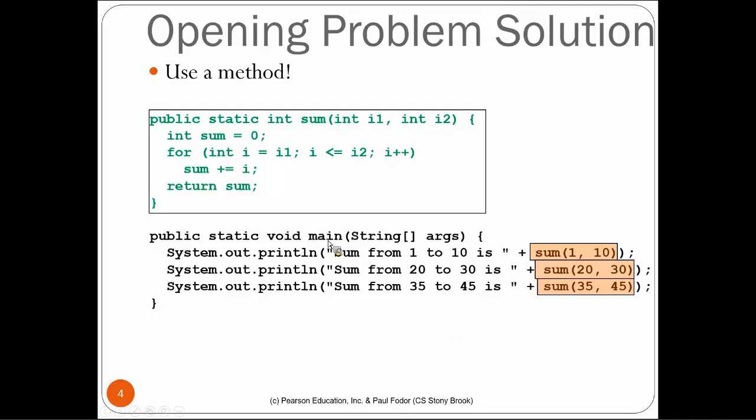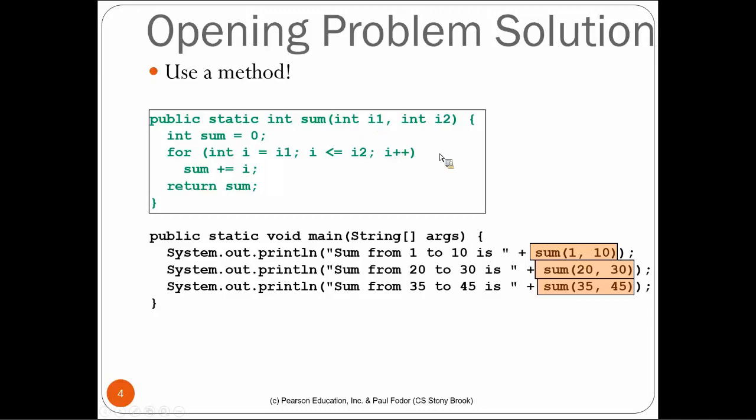So internally what happens? During the execution of the main method, we encounter an expression or a statement that is an invocation to a method. Like in this case, we want to compute the sum of the integers between 1 and 10. At this point, we stop the execution of the main method and we pass the values.